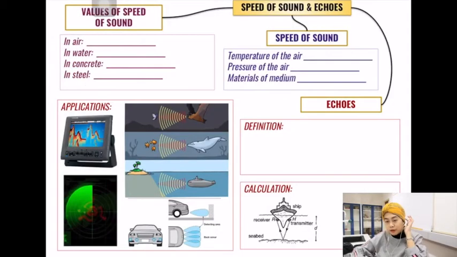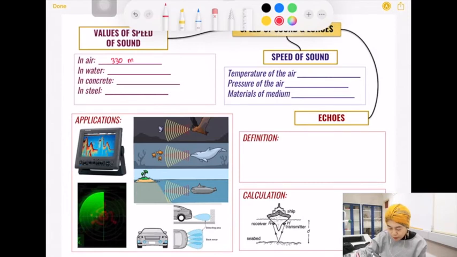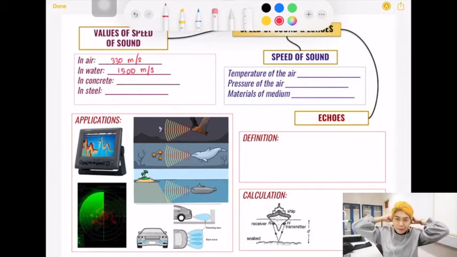Okay, the next part that we're going to be looking at is the speed of sound, and also the application of the speed of sound. A typical value accepted for SPM, even though the actual value may differ, for air is 330 meters per second. For water, the value accepted is around 1,400 to 1,500. It depends on the type of water actually.